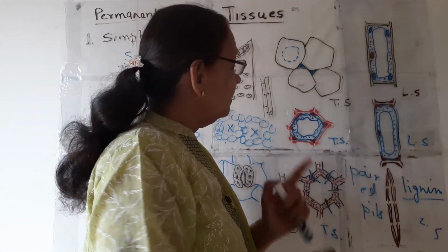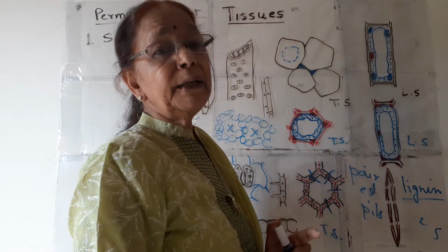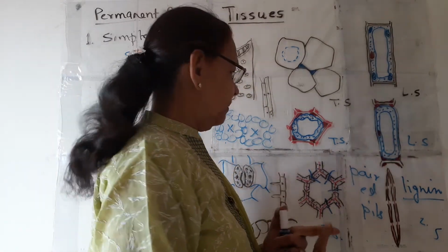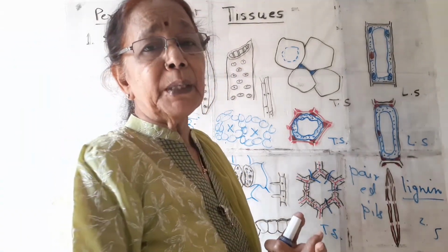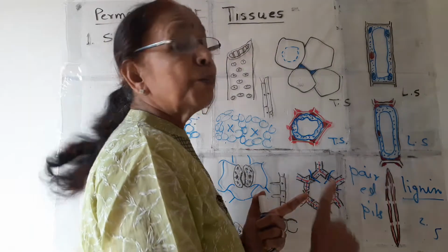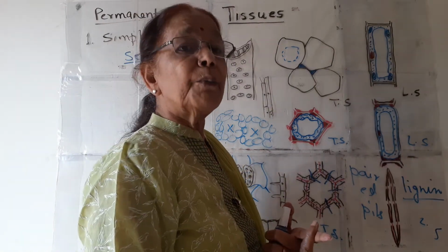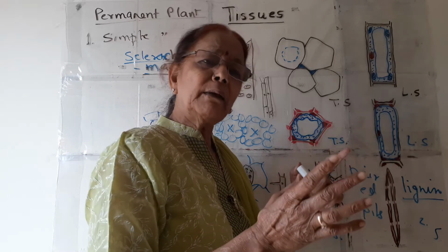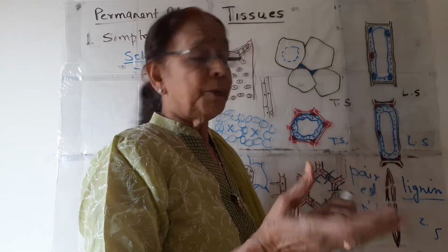So this is sclerenchyma, the third type of simple permanent tissue. Now we come to the second type of permanent tissue, that is protective permanent tissue. Protective means which protect? To protect the plant body.